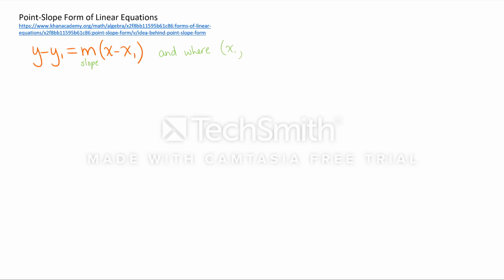So (x1, y1) is a given point on the line. And the x and the y that do not have the subscript, they represent any other point on the line. They're going to remain variables, and so they're going to be variables that represent any other point along that line that the equation is modeling.